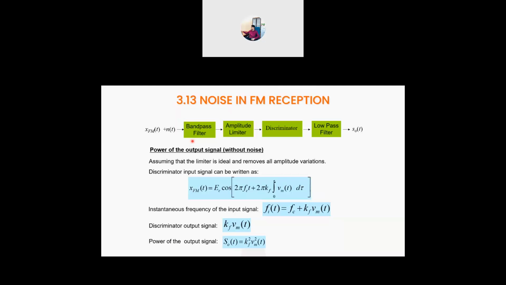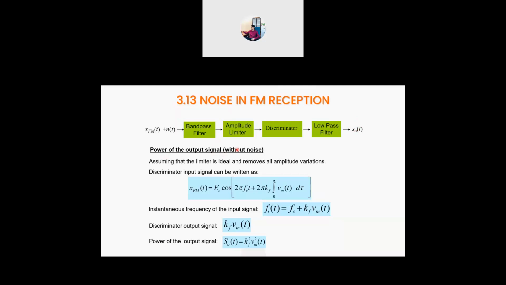There are also signals coming from other sources that we don't want to receive, but we receive them anyway. That's why we have this bandpass filter. Then we have an amplitude limiter, a discriminator and a low pass filter to remove this high frequency. So then we end up with this output signal, the information that we want.